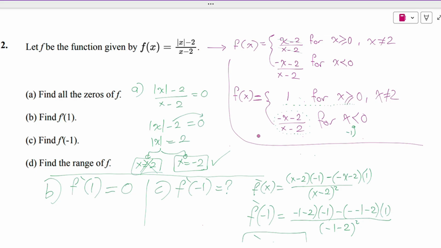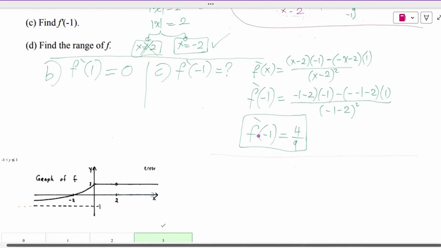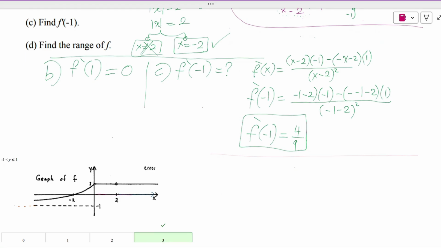If you look at the graph given by the answer key here, for x bigger than or equal to 0, the function is always 1. So this is y equals 1, and this is the upper y value.